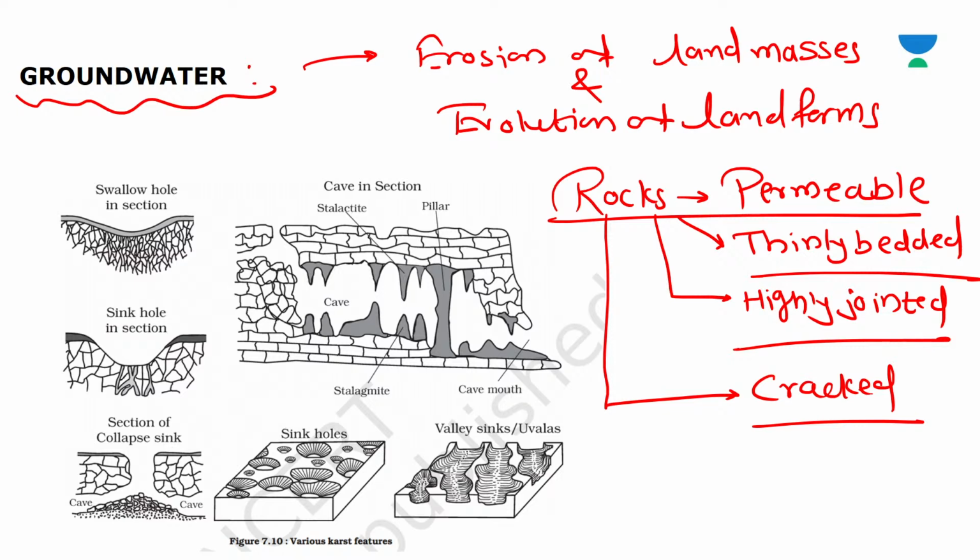Now, after vertically going down to some depth, the water under the ground flows horizontally through the bedding planes, joints, or through the materials themselves. Now, it is this downward and horizontal movement of water which causes the rock to erode.